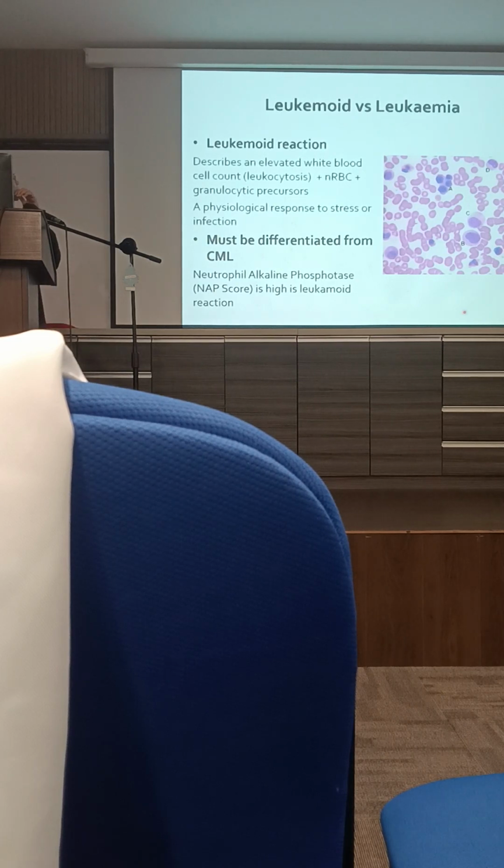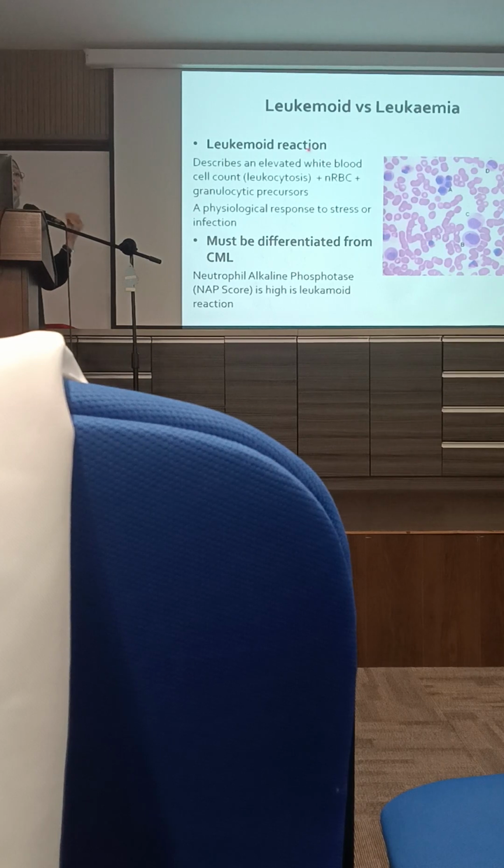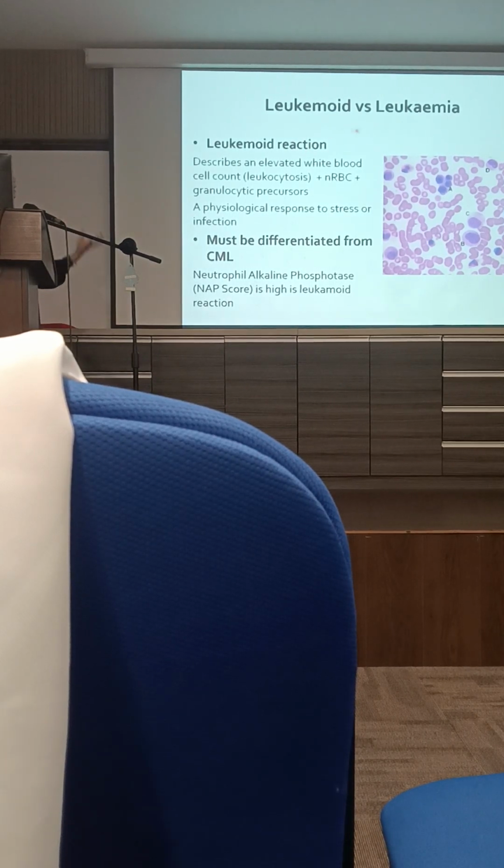Right. So these are some of the terms that you would need to familiarize yourself with. Leukemoid versus leukemia. The oid is like humanoid, android. It means likeness: it looks like leukemia, but it's not. This describes an elevated white cell count.